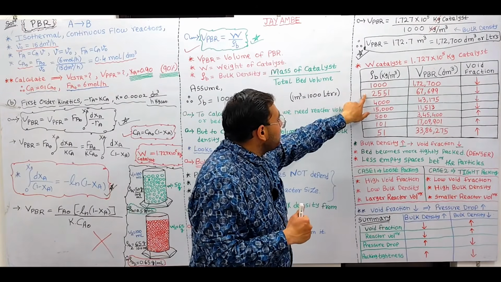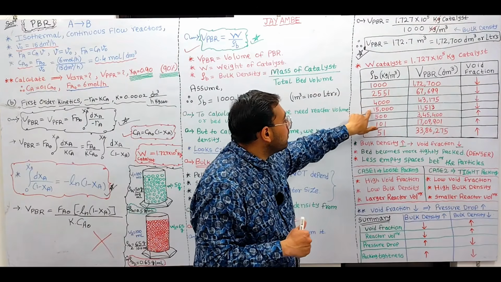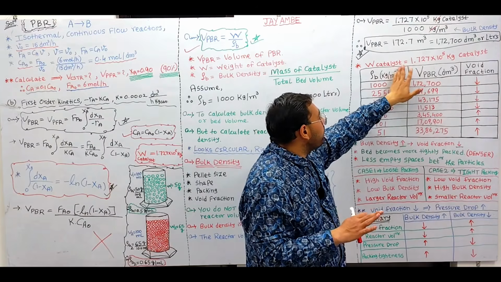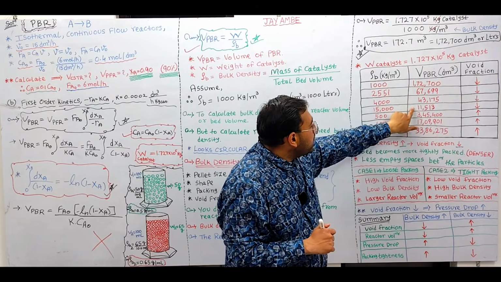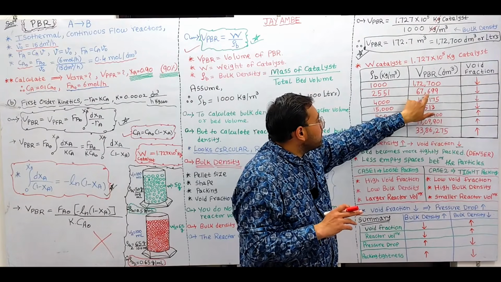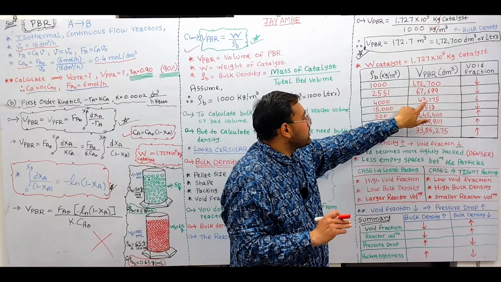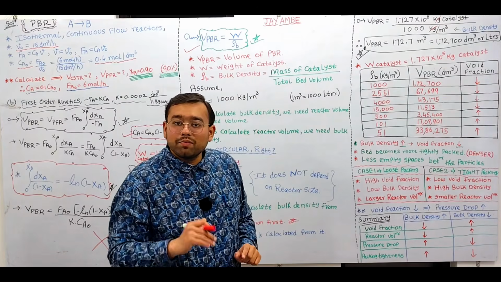So by increasing the bulk density from 2551 to 4000 or 15,000, you can see that for the same calculated weight of the catalyst, the volume of the packed bed reactor decreases, from 67,699 cubic decimeter to 43,175 cubic decimeter to 11,513 cubic decimeter.